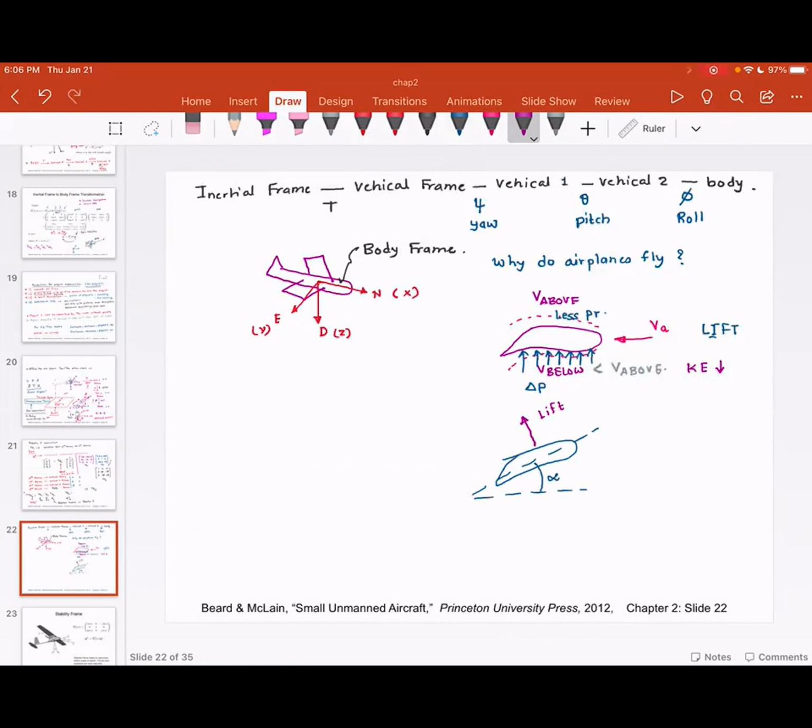And in addition to lift, there will be a drag. So you will have a lift and then you are going to have a drag.